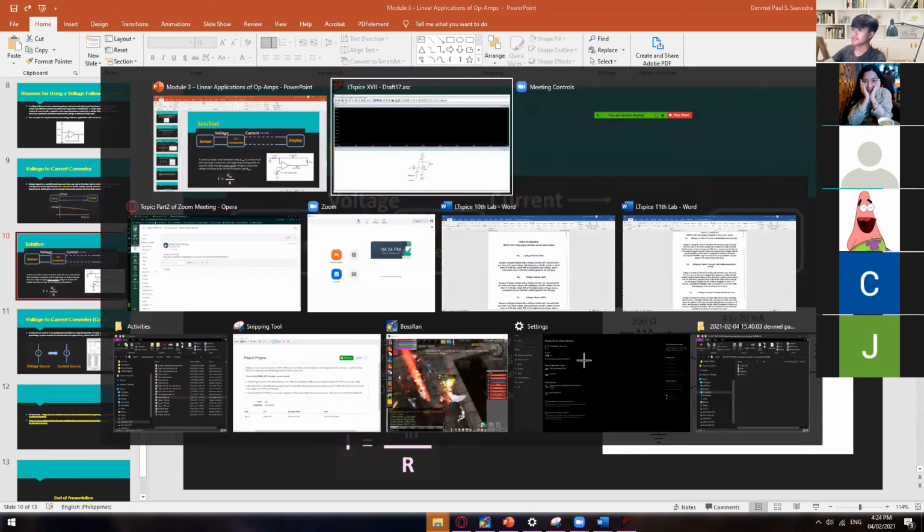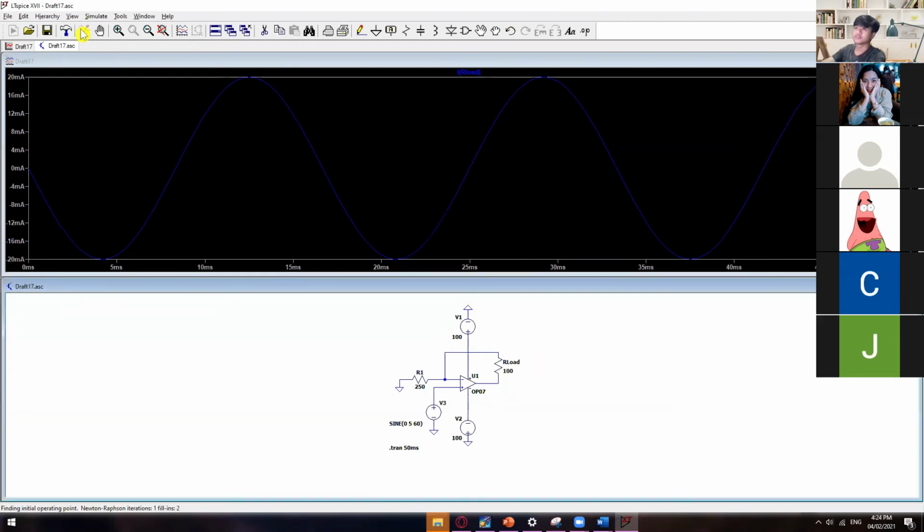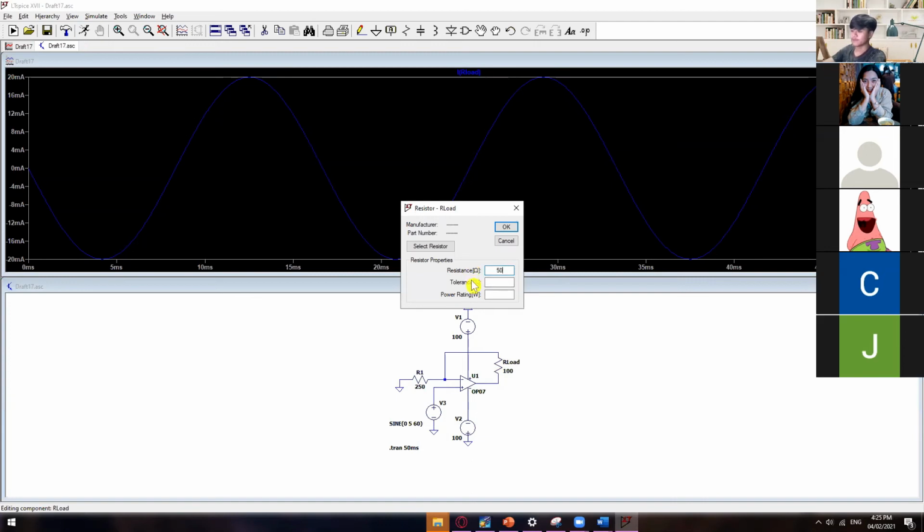Okay, and then let's see if there are changes. Let's say we would get a higher resistance, say 100 ohms. So as you can see, no changes. Still the same negative 20 to positive 20 milliamps. How about if it's 500 ohms?